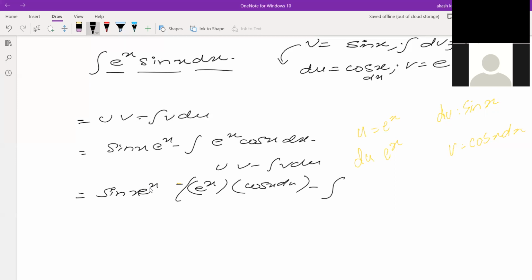So uv minus integral of v, which is cos x dx, and du is sin x dx. It should be only cos x here. And our du is e^x.